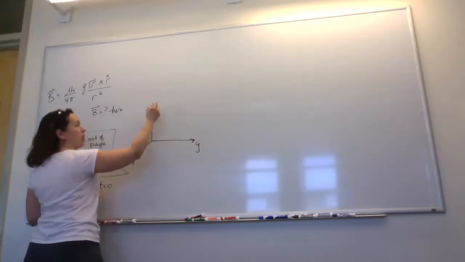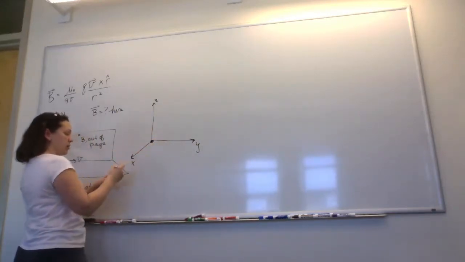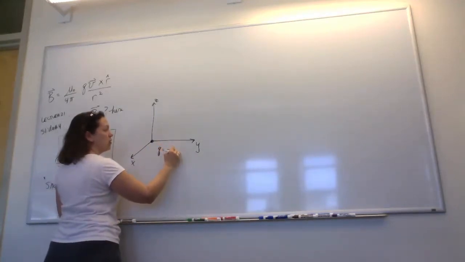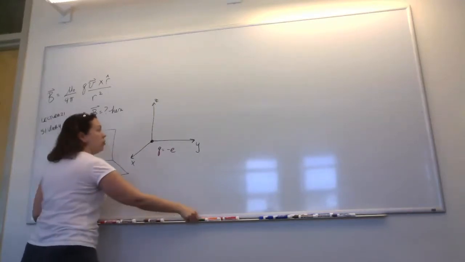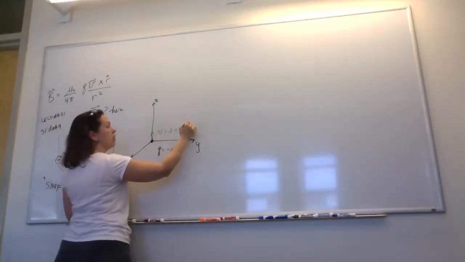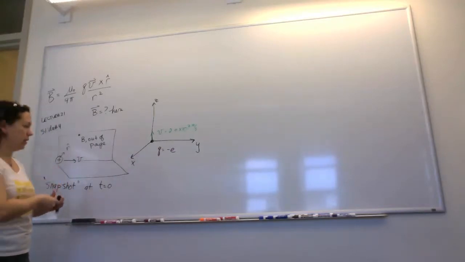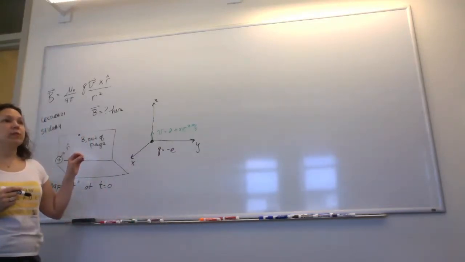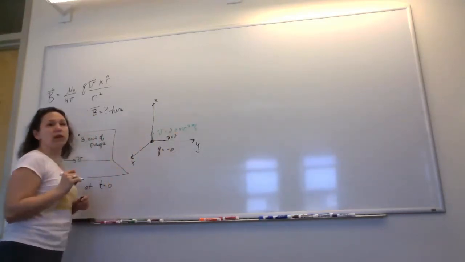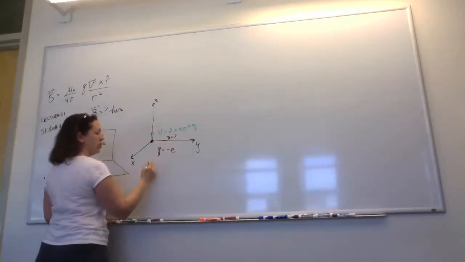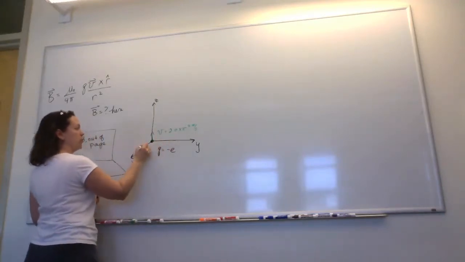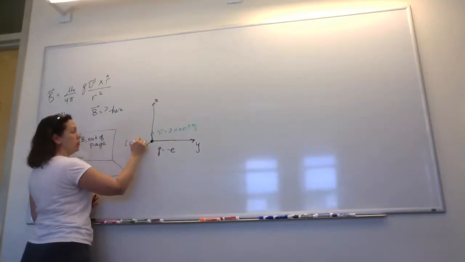X is out of the board, Y is to the right, Z is up, and we have our particle, an electron, so Q is equal to negative e, moving up with a velocity of 2.0 times 10 to the 7 meters per second. It wants to know the strength and direction of the magnetic field at that location. Oops, sorry, I have it drawn incorrectly from what the board says. Here we go. And that position is 100 centimeters.